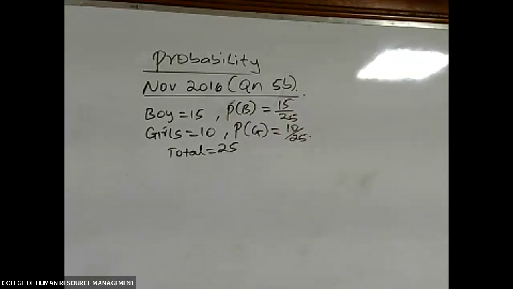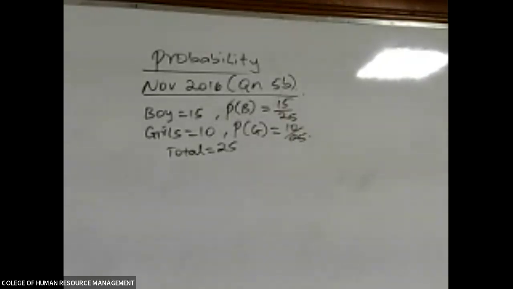Make that breakdown. Then you are told that we are forming a club of 3 officials. Determine the probability that the club officials are all boys. This is like the same case of picking without replacement. We want 3 people to form a club of 3.